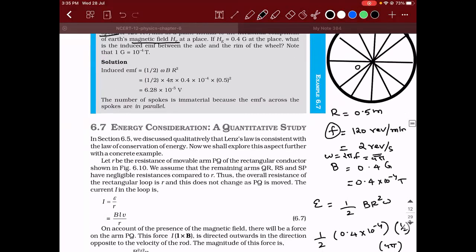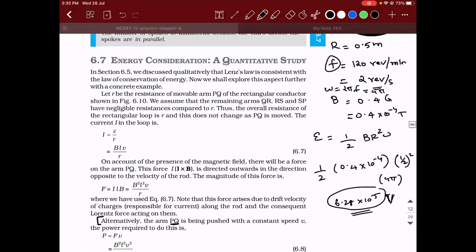So if you calculate the EMF between the axle and one end of the rod, that is more than sufficient, because it is going to be the same value across all other spokes also.